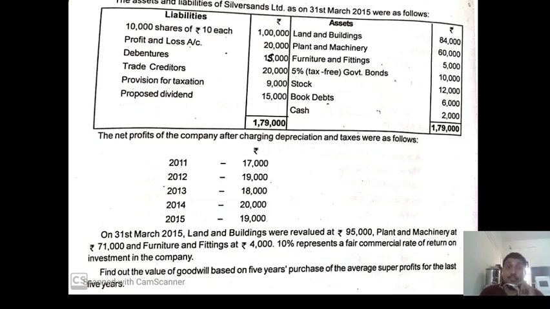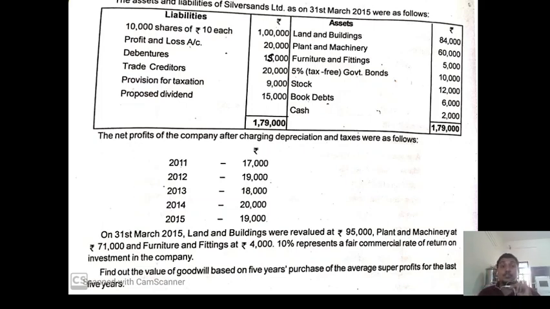Similarly, we are calculating average profit also. Generally speaking, average profit is all the 5 years' total divided by 5. But when we do that also, since income from investment is not something that we are going to consider as our profit from the business, we have to reduce that 500 rupees, that is to say 10,000 into 5% on tax-free government bonds.